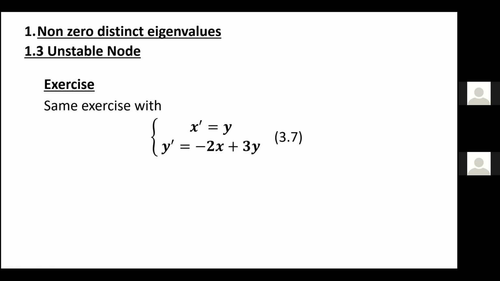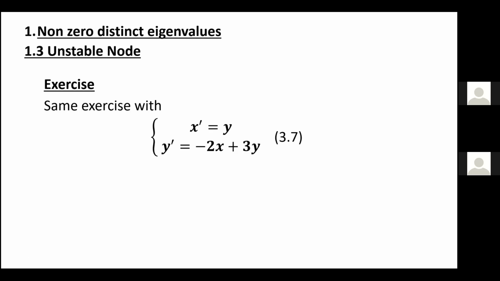But in this case, instead of eigenvalues -2, -1, you will find eigenvalues 2 and 1. And it's called an unstable node, right? And it's a source.